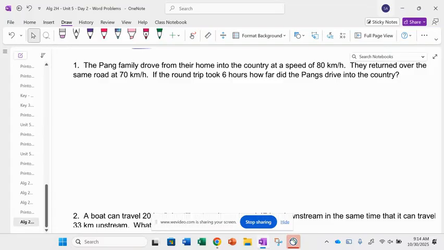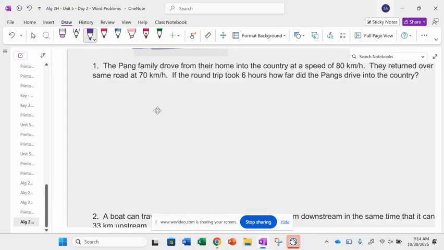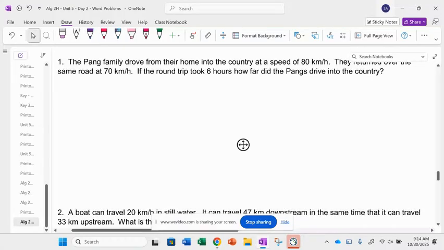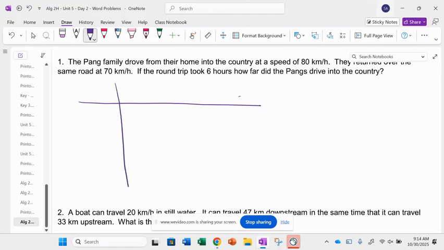Okay. So I'm going to set up a chart. And we're going to the country. And then we're going back home.